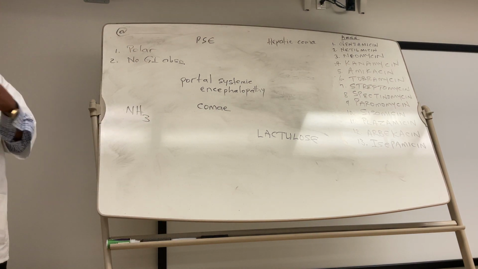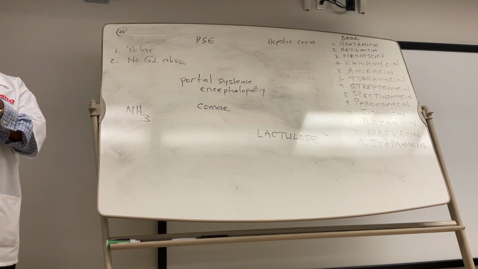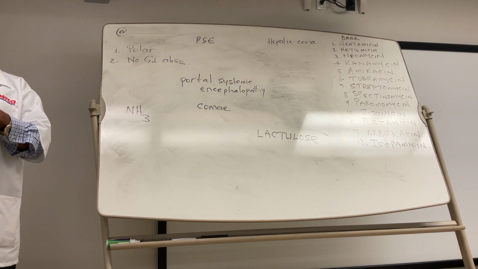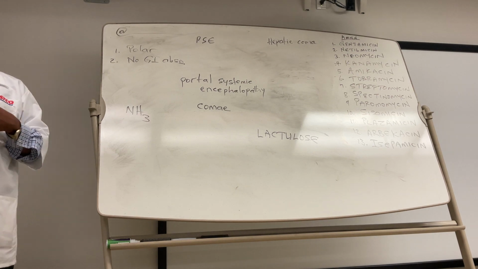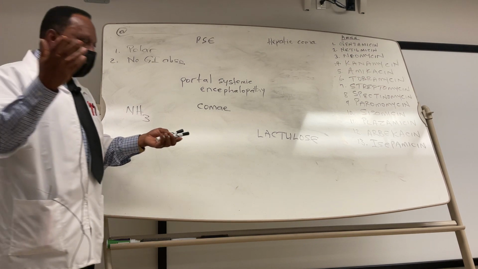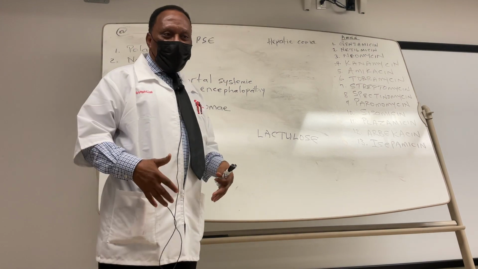Because lactulose is nothing but a bunch of sugars. Okay? So you give the sugar, it attracts water to the lumen, and that will flush the system. So that low dose is used for constipation.